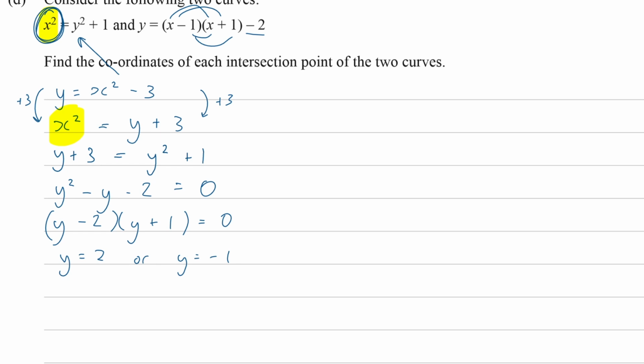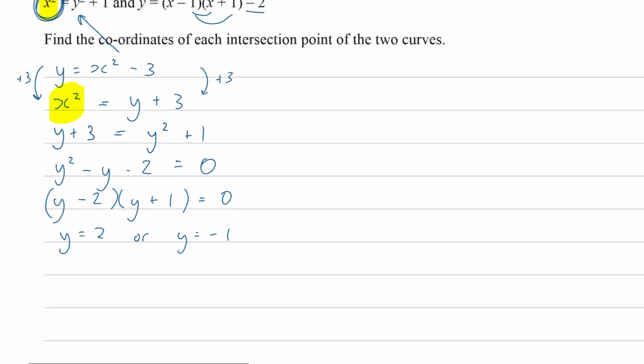But we're looking for coordinates. So to get the x values, we could use either function. I'm just going to use this quadratic up here. If y equals x squared, actually, let's just rearrange this for x first.